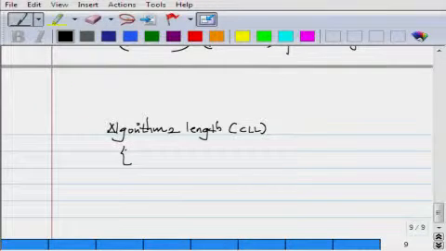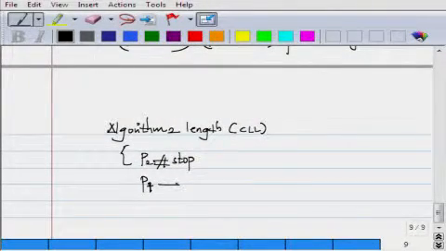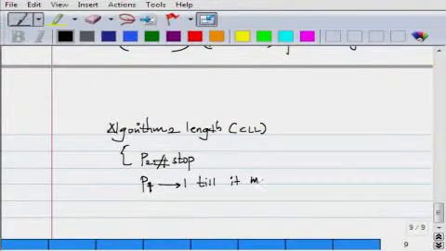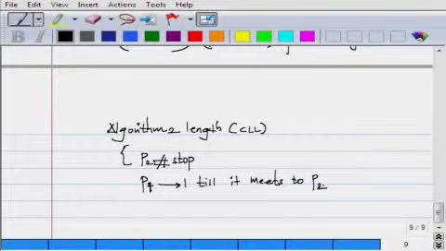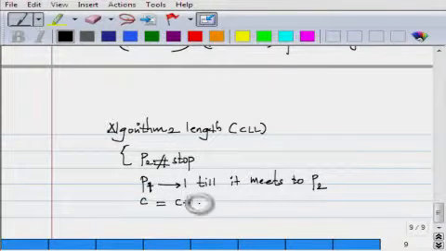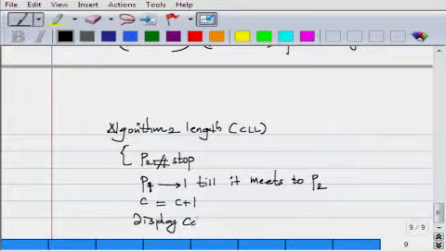To find out this length of the cycle, what I am going to do is stop the P2 pointer and continue enhancing the pointer P1 till it meets P2 once again, and by the same time we will do the increments in C, and finally we will display what C is.